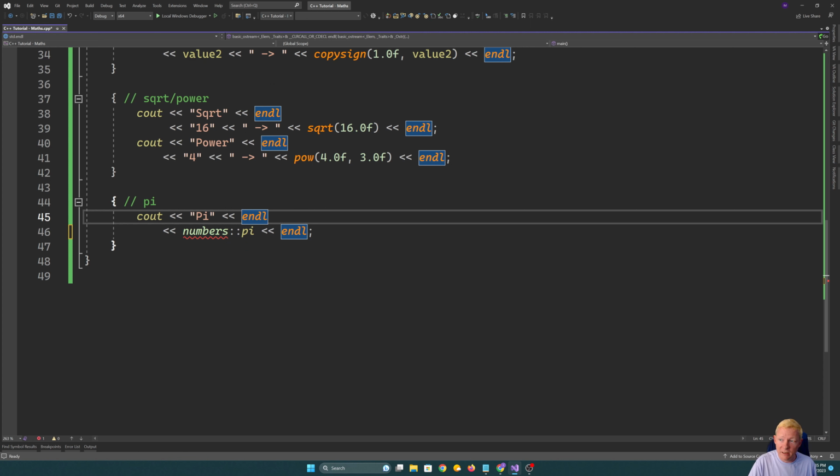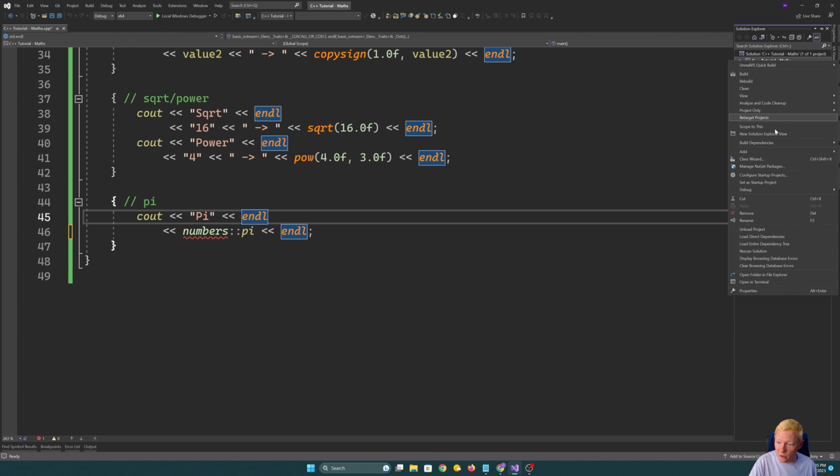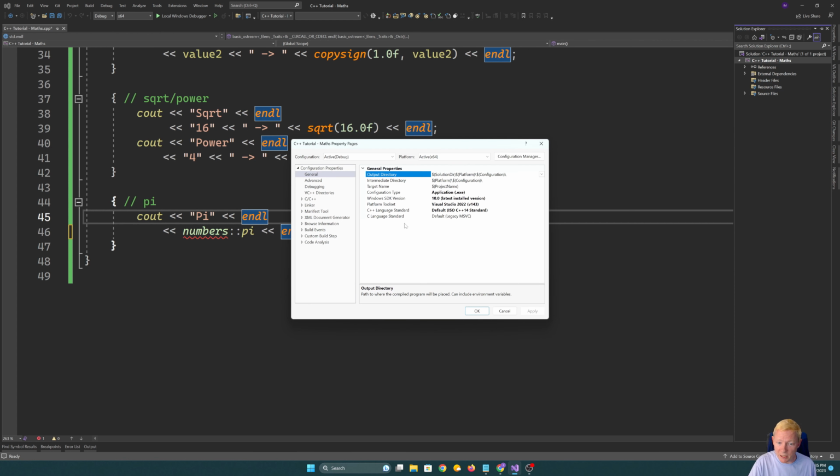So if we take a look in the Solution Explorer and we go to the properties for the project, one of the things we'll see is what the language standard is. Now, this pi constant here didn't exist in the C++ 14 standard. We need to actually switch it to C++ 20.